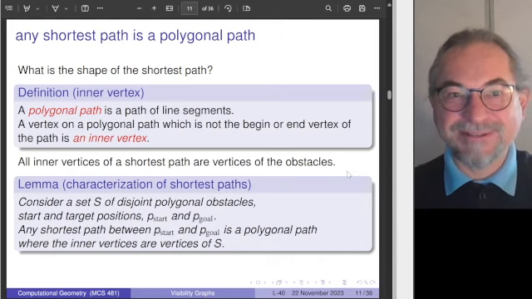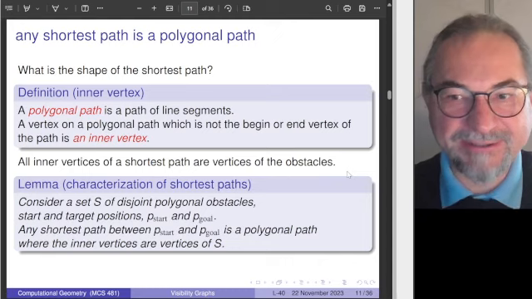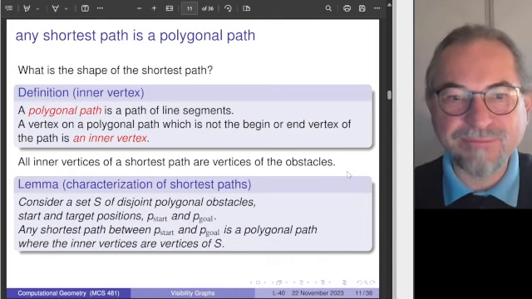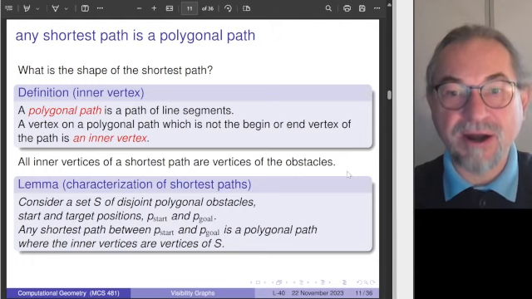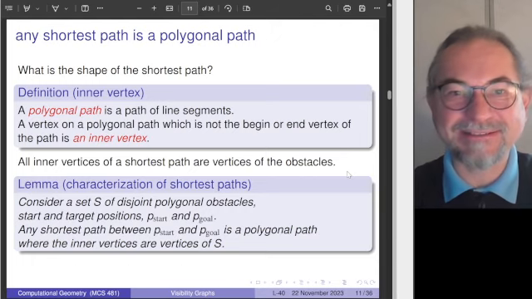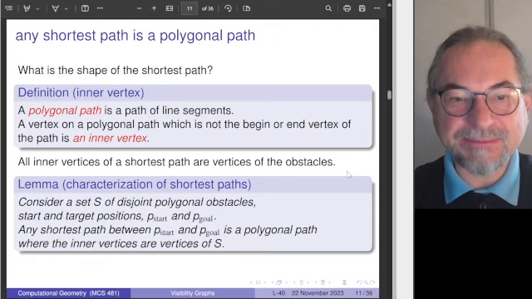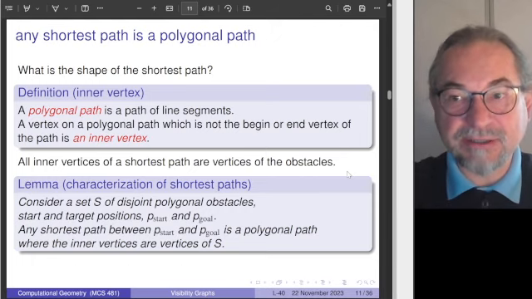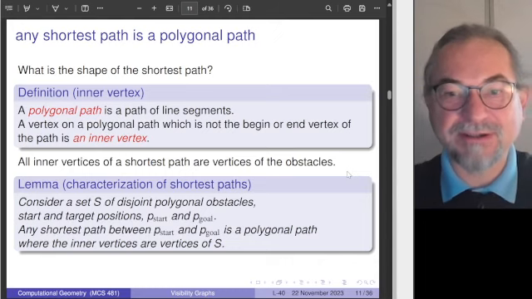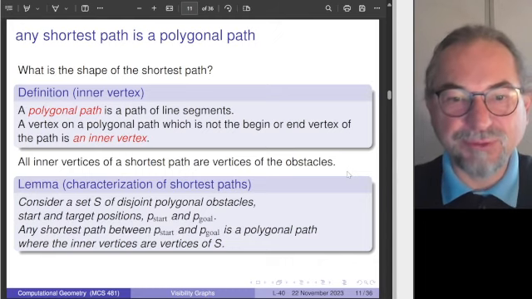The important sentence here on the slide: all inner vertices of a shortest path are vertices of the obstacles. If you walk in a straight line from start to target, that's the best way. But we can't do this. We have these polygonal obstacles.